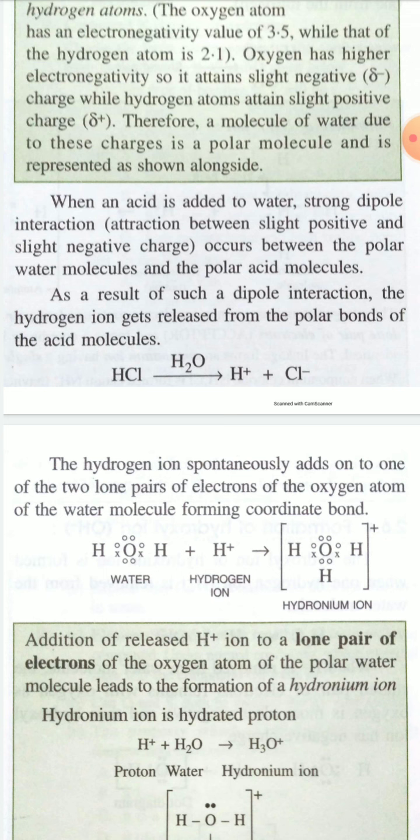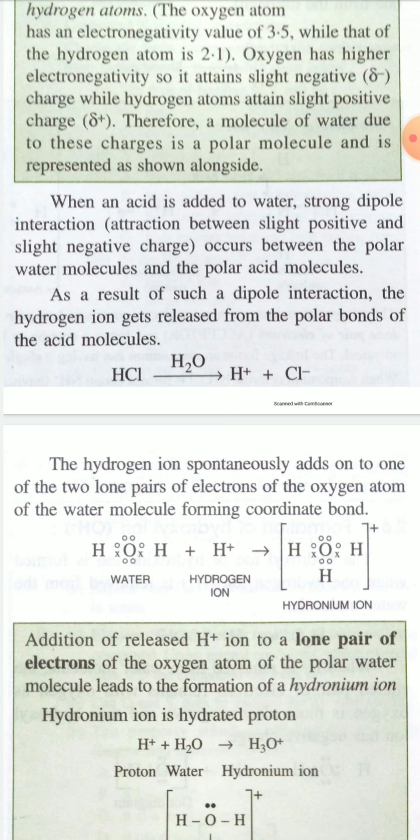Now this H plus ion will combine with the polar water molecule by the formation of a coordinate bond. So the hydrogen ion spontaneously adds to one of the two lone pairs of electrons of the oxygen atom of the water molecule, forming a coordinate bond.